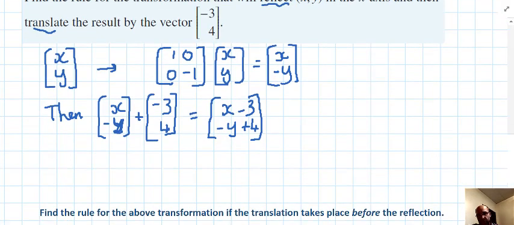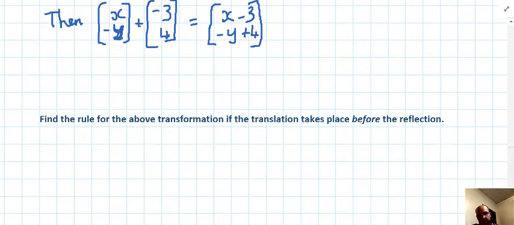We're going to switch the order around. So find the rule for the above if we swap the order, basically, if the translation takes place before the reflection, and we're going to compare it to our answer above. So to get our image first, we've got to get what we start with, which is x, y.